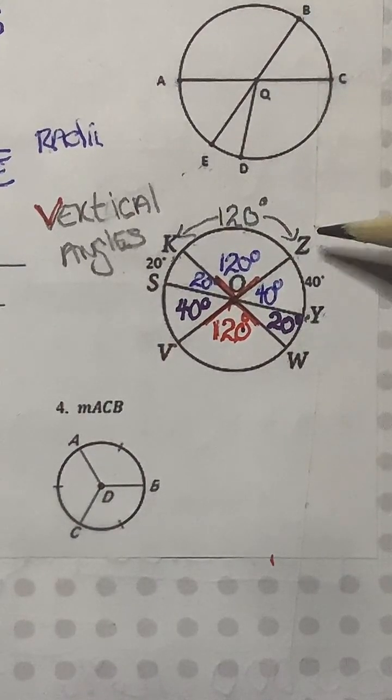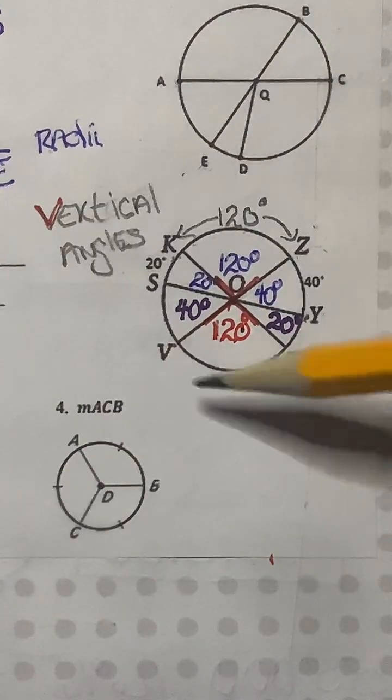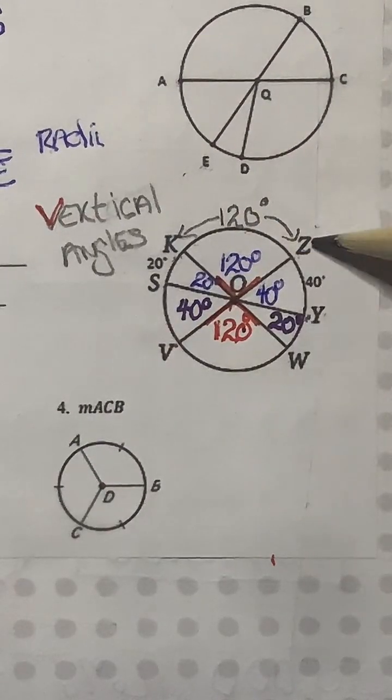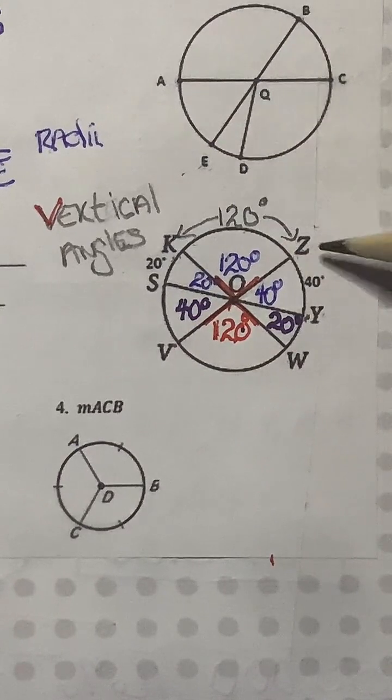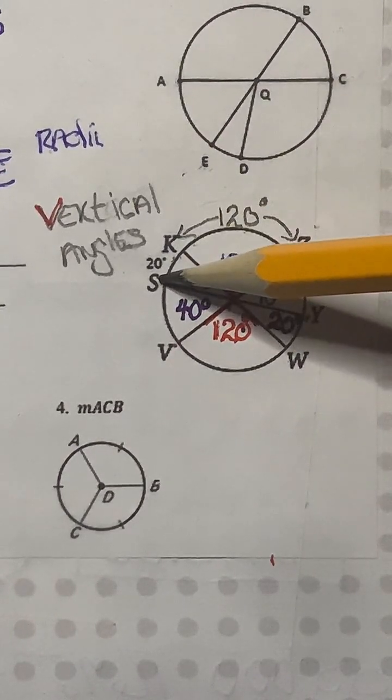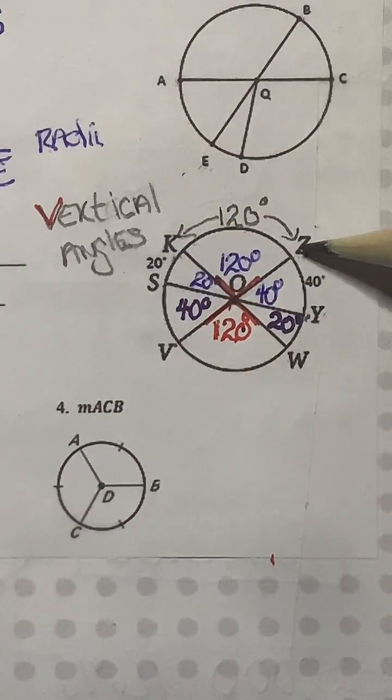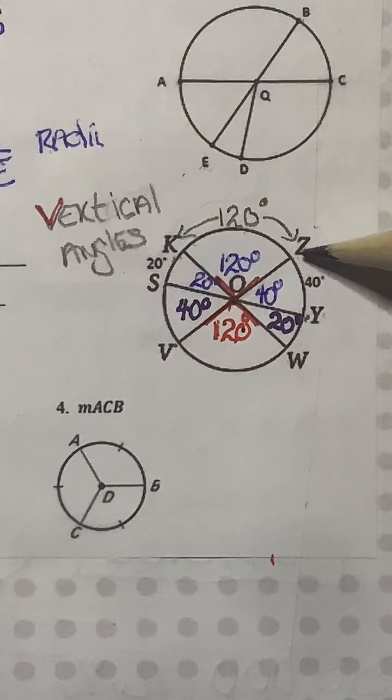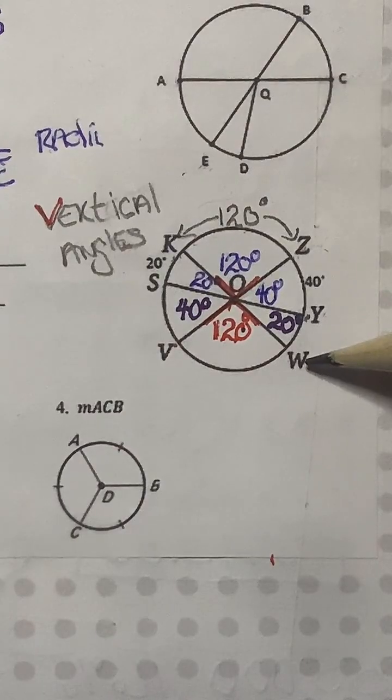But if I'm saying from ZWS, okay, we're not going to the left because if I go from Z, I'm going to get to S before I get to W. That's the wrong way. Sometimes that middle letter tells you you're going in the right direction.